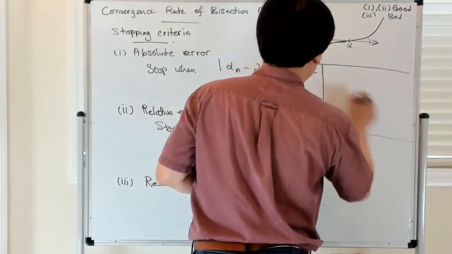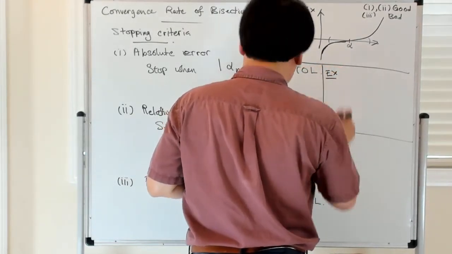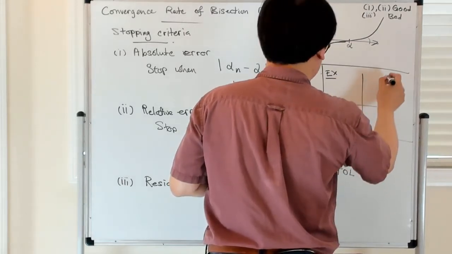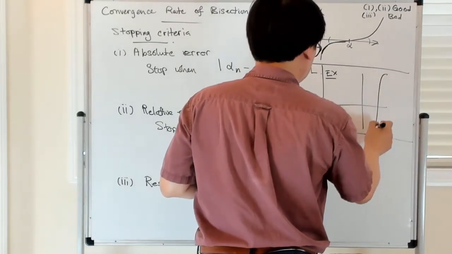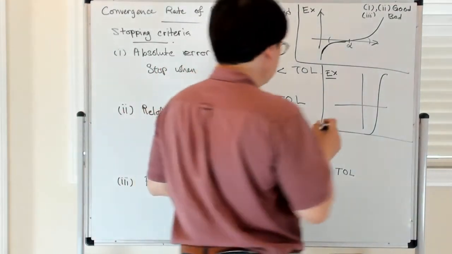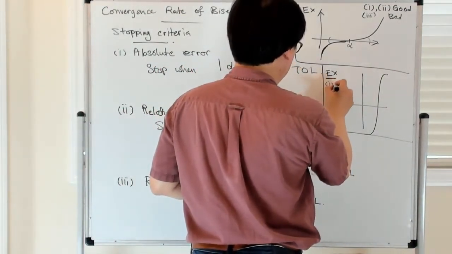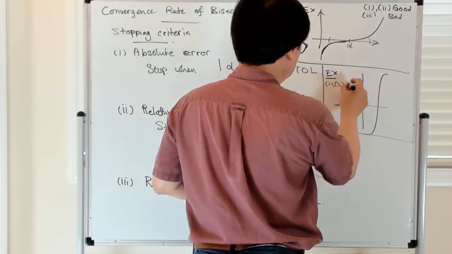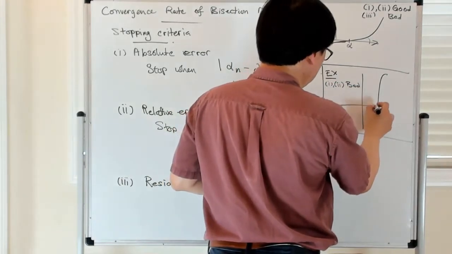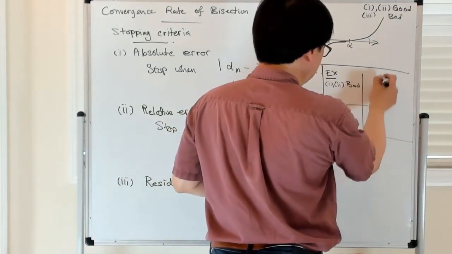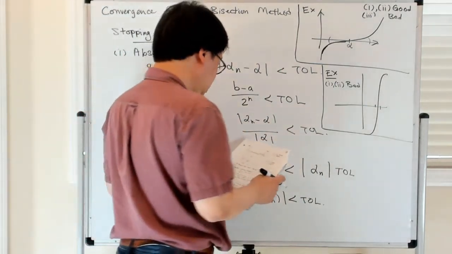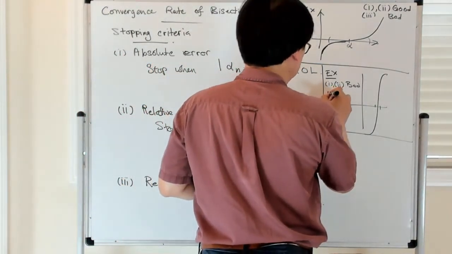Another possibility is the other extreme, where the function changes value very rapidly through the root. In that situation, both 1 and 2 are potentially bad, because even if you get close to it, you could have a very large function value. Whereas 3 here would be good. And so usually some combination of the two is important; that is the take-home message.